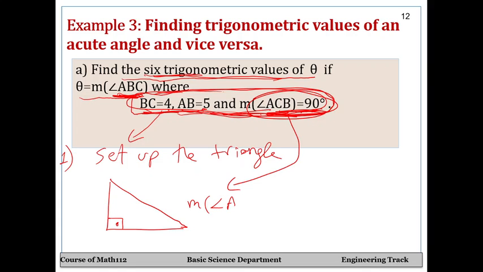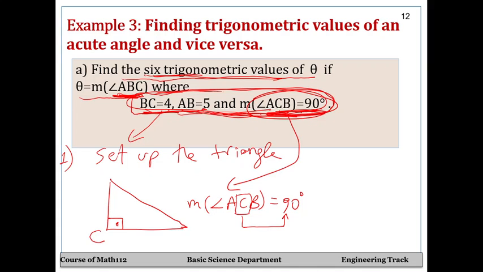The measure of the angle ACB is 90 degrees. So always start with 90 degrees. By the way, you will check the center here. The center letter is C. And then you have to put C for 90.